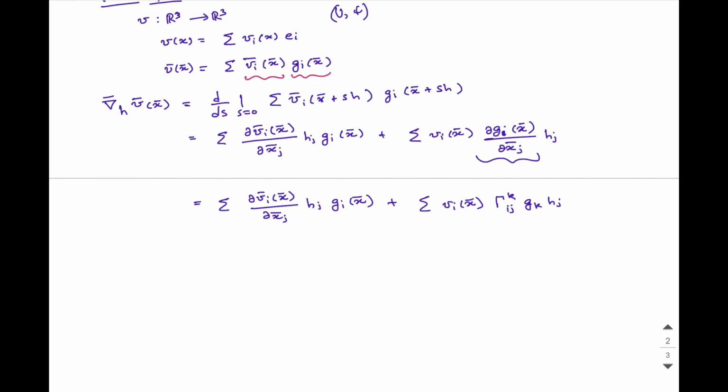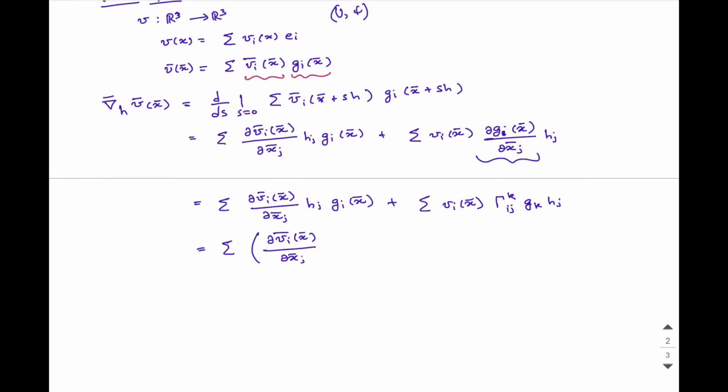Okay, so how do you flip this around? All you have to do is replace the index k with the index i, and just relabel the indices. So I'll just write the final expression. So this is going to be the summation of partial v_i bar at x bar by partial x bar j.